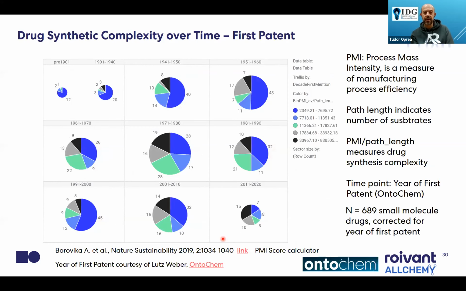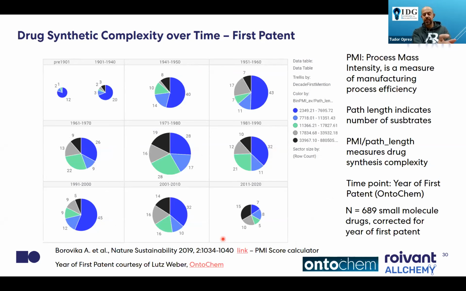The other question was, can we actually see how this evolved over time when it comes to chemical process manufacturing? So 10 pharmaceutical companies have put together what's called a PMI score, which is process manufacturing intensity. It looks at the mass of the product versus the mass of all the reactants that go into the reaction.